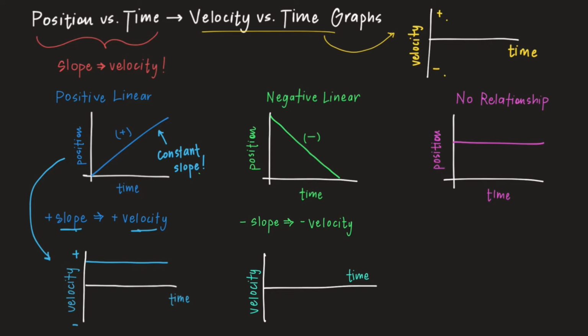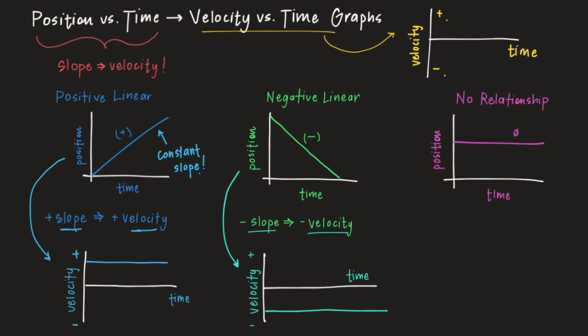So for our velocity versus time graph, we're not in the positive anymore, we're negative, so our velocity is going to be constant and negative. Okay, so our velocity is going to be down here, it's going to be negative and constant. Our velocity isn't changing because our slope isn't changing, and it's negative, so it's going to be on the negative y-axis. So that's how we go back and forth between a negative linear relationship to a velocity versus time graph.